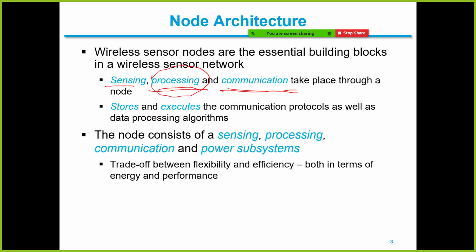And within the sensor node itself, different subsystems also need to communicate to read data and to send instructions. For the power supply subsystem, we are not going to talk about that much. Here you also need to be aware that there is a trade-off between flexibility and efficiency, both in terms of energy and performance.